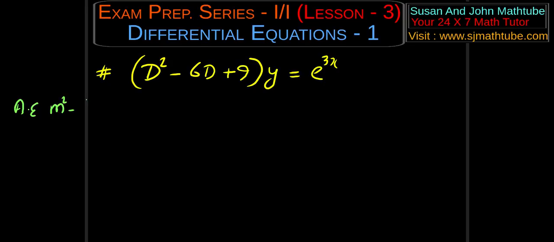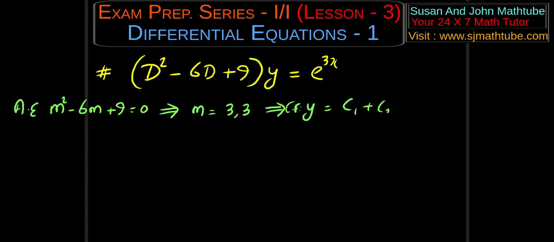That is m² − 6m + 9 = 0. Use a calculator and solve. We will get 3, 3. And that implies the complementary function is y = (c1 + c2x) e^(3x).